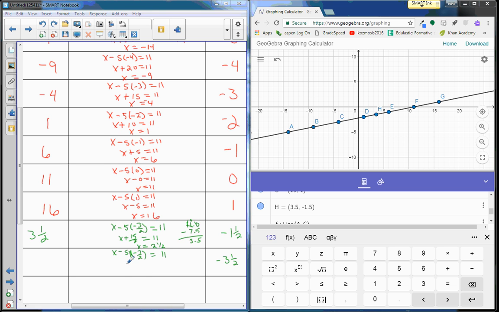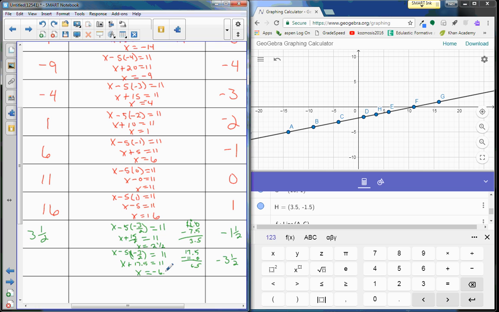Okay, -5 times -7/2 is positive 35/2, which is 17.5. Let's just change that to a decimal. X plus 17.5 equals 11. Subtract 17.5, so 11 minus 17.5 is the same as 17.5 minus 11, and take the sign of the bigger, which is negative, and we get 6.5.